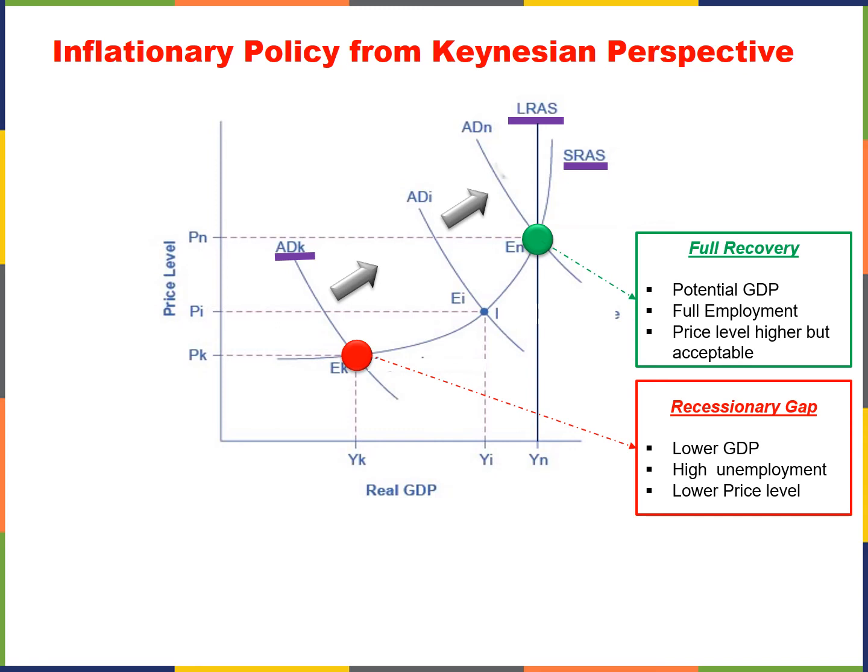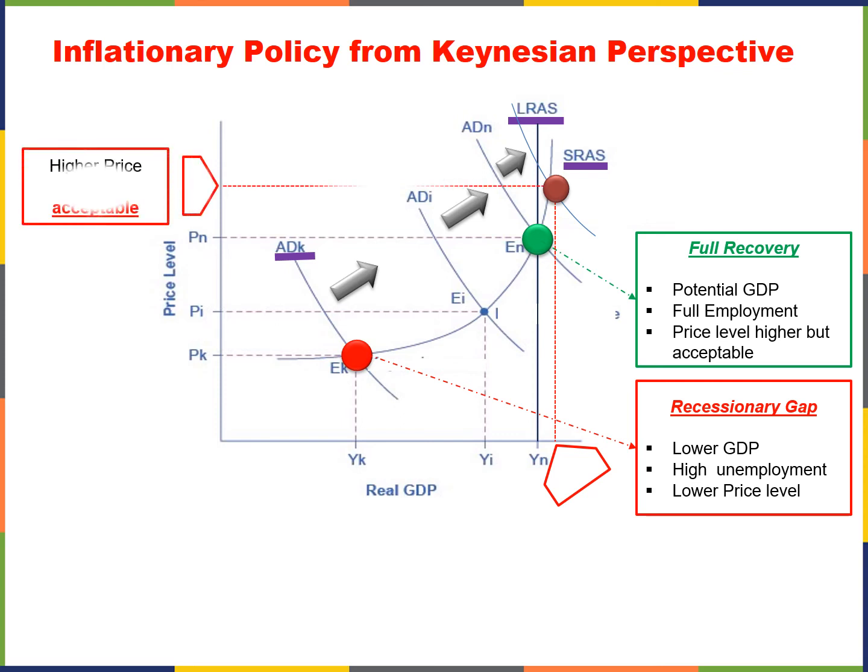And as aggregate demand continues to move to the right, we reach another point of equilibrium. What is interesting with that equilibrium is that GDP is greater than potential GDP. And something else, the price level is a little bit too high and not acceptable.